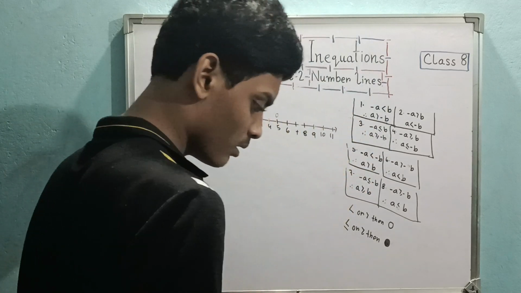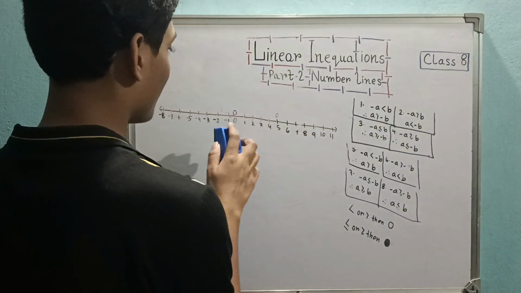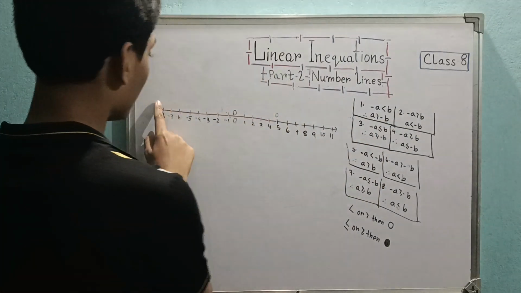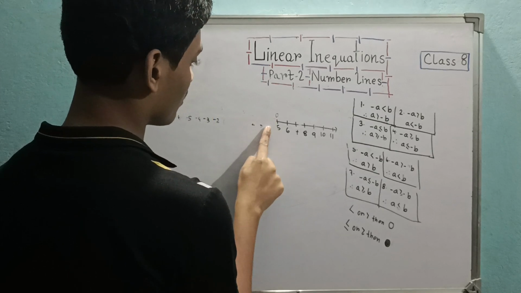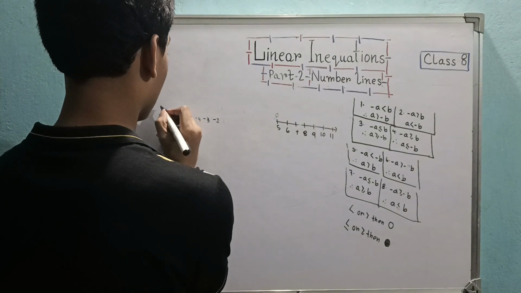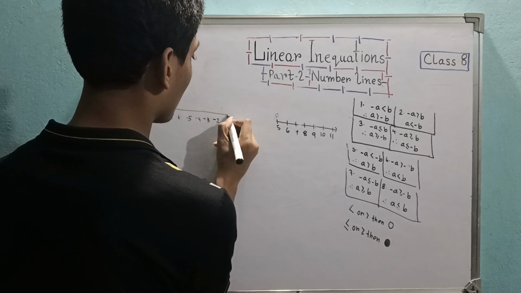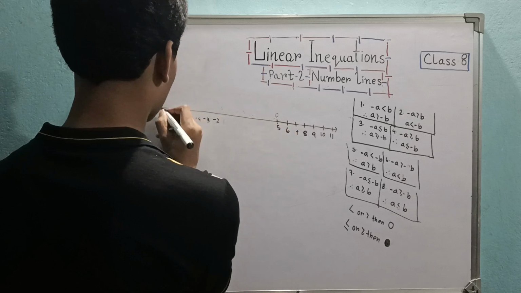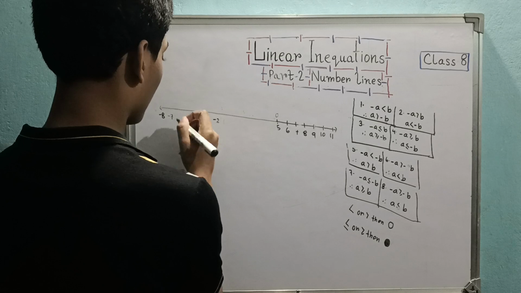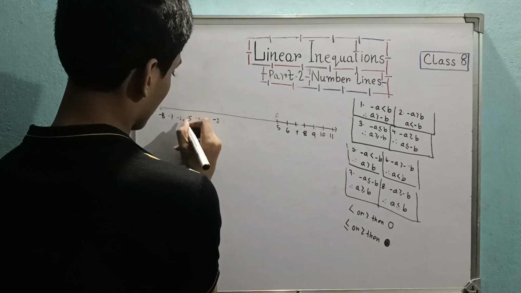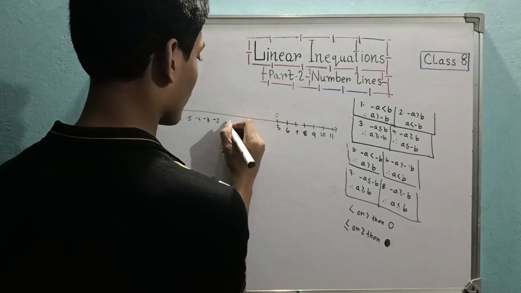Let's see. Question 5. First of all, let me make my number line human. He's becoming a mad person. So let's make him human. Look at my 6, minus 1, 0 was here, I think.